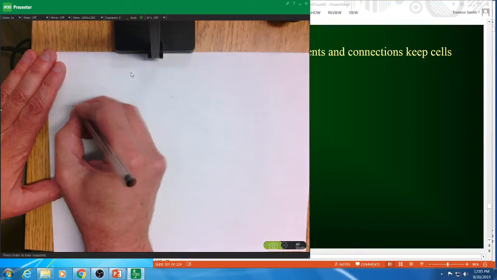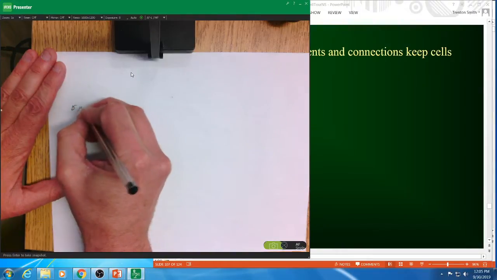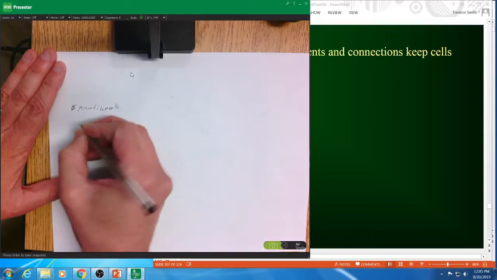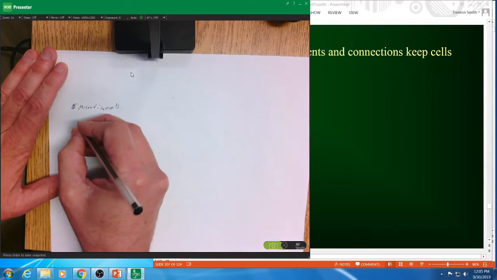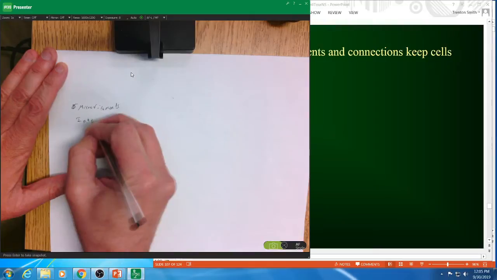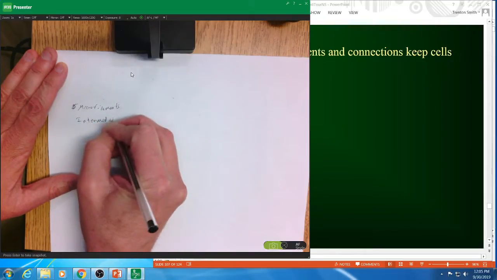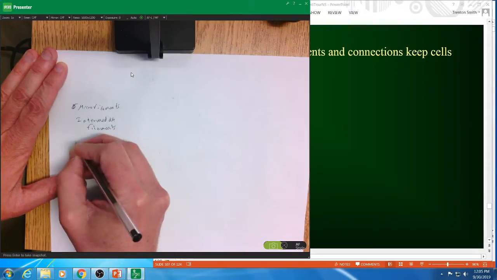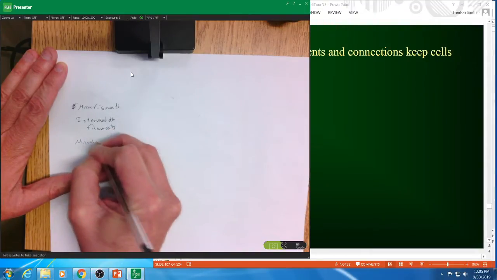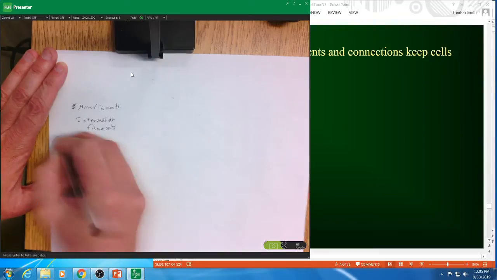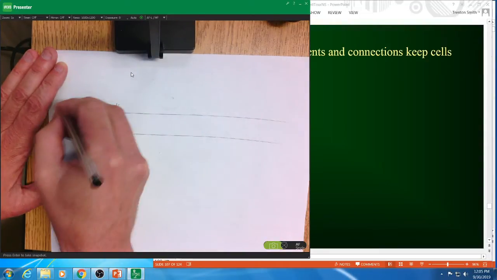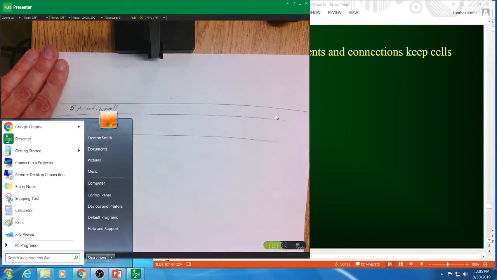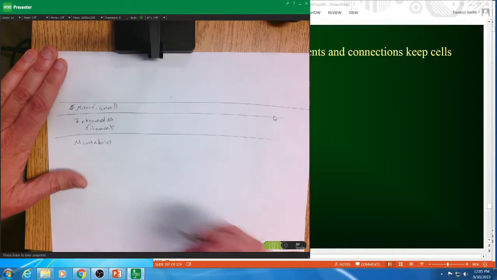We've got microfilaments, intermediate filaments, and microtubules. If you like things organized in tables, this might help. I'm not giving you any new information here. It's just stuff that you already knew.